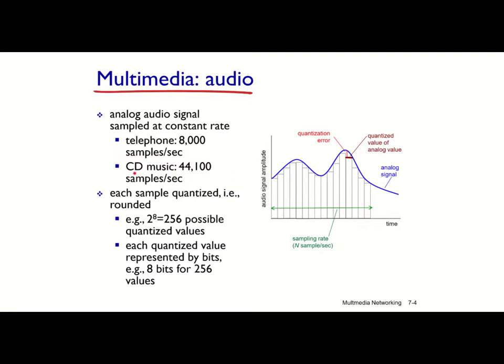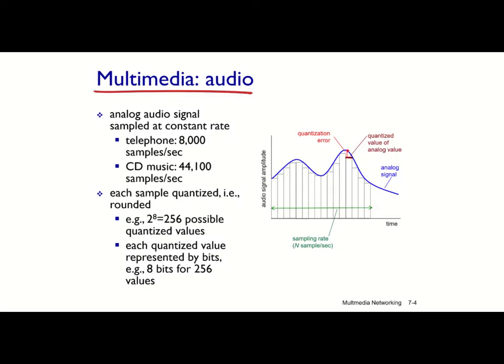However, for CD music, where we need higher quality audio, we can set the sampling rate to 44,100 samples per second. As I said, the analog value of each sample has to be quantized into 256 different values, and that will create some quantization error.